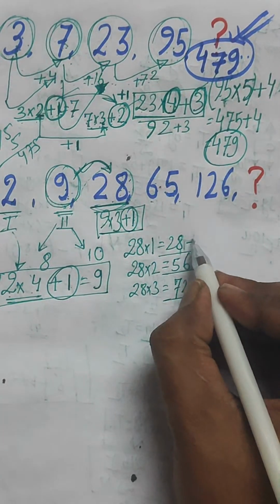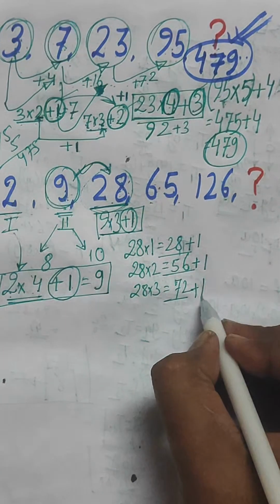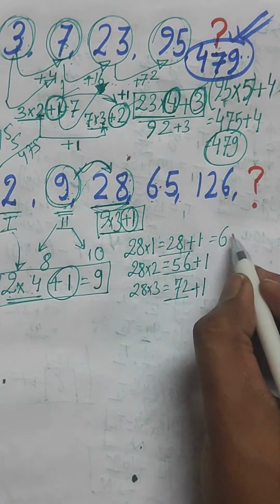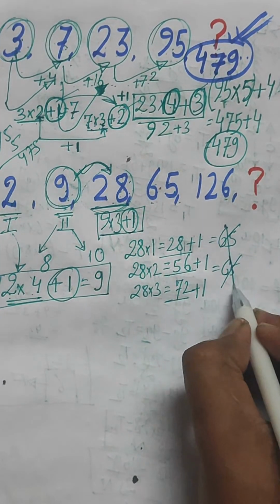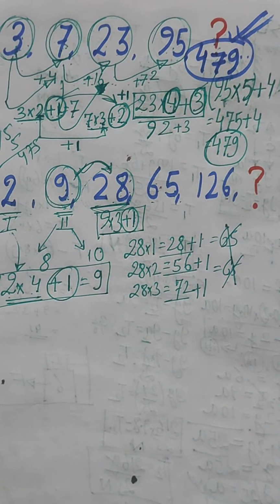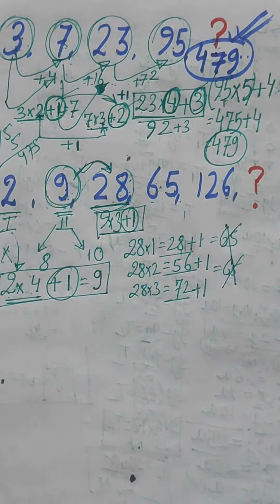So if you are adding 1 to 28 or 56 or 84, you are not getting 65, right? So this logic is not working over here, so you will think something different.